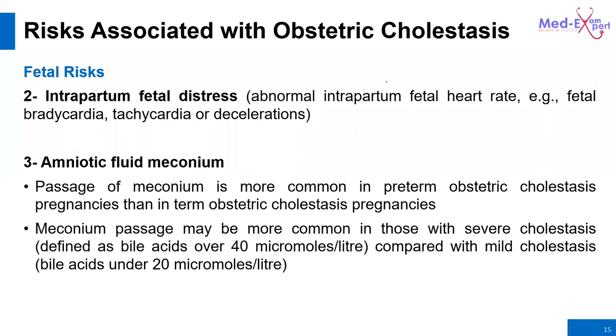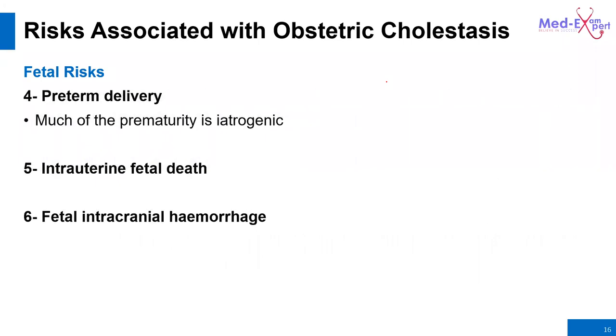But as I said, we don't know exactly how obstetric cholestasis causes these fetal risks. Also, preterm delivery, and much of the prematurity here is iatrogenic. Like I said, the anxiety of the obstetrician and the patient may force them to take a decision of early delivery, especially if they notice some sort of fetal compromise.